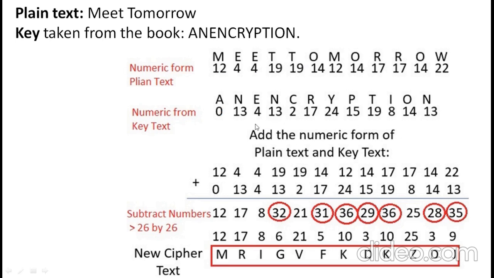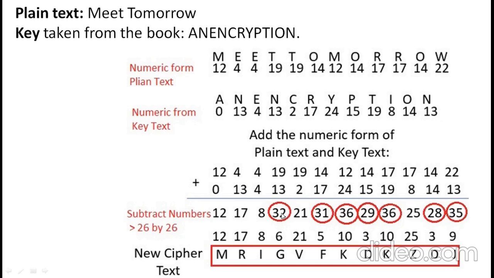Why did we say that your key text and plain text should be equal? Because whenever you have n characters in your plain text, your key text should be equal to it, since when you are adding the values, both should be added. Now 12 plus 0 is 12, 4 plus 13 is 17, and so on, until 19 plus 13, which is 32.